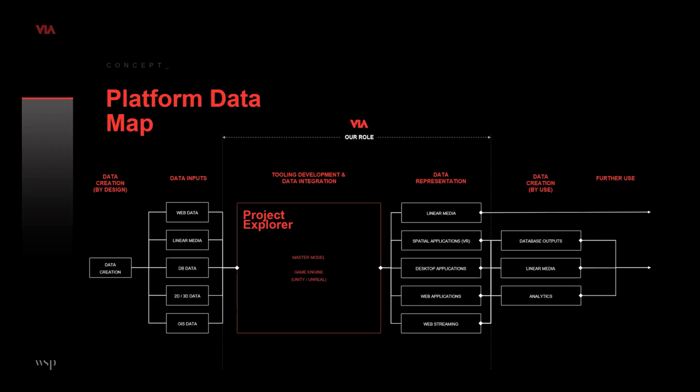This can be as simple as images or linear media, but also spatial applications, VR, desktop applications, web applications, or streamed over the web using technologies such as Epic Games' pixel streaming. But from there, and this is where it's more interesting, we are able to analyze how people are interacting with the application, to gain more insight.